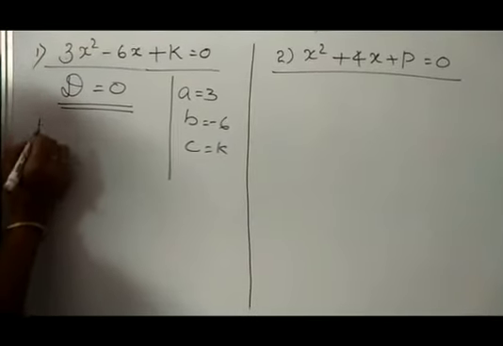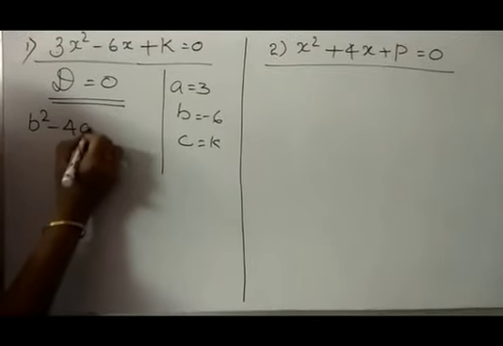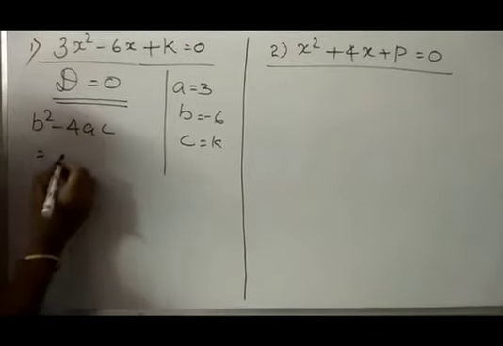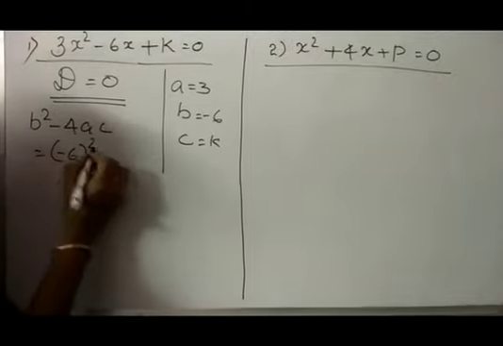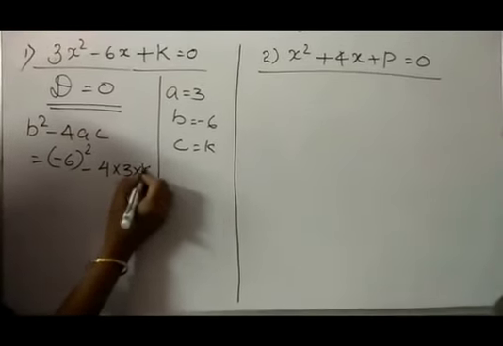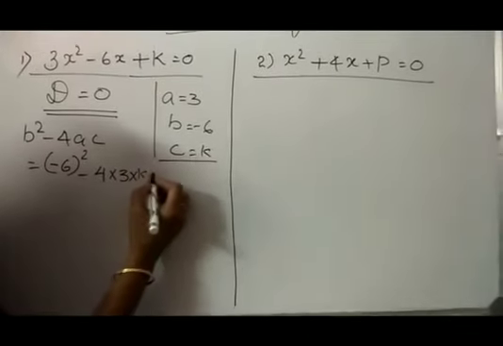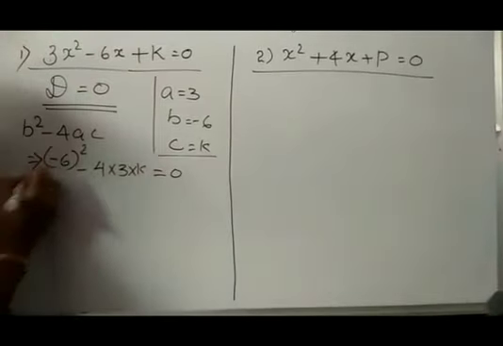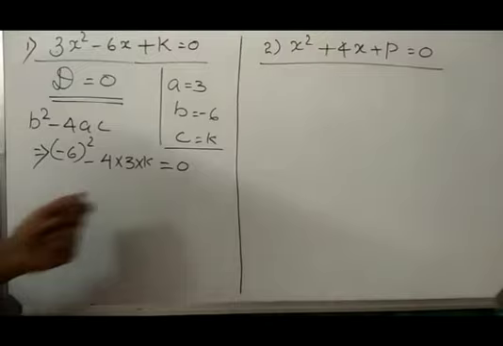So that is b square minus 4ac, which is minus 6 square minus 4 into 3 into k, is equal to 0. That's the condition given here.